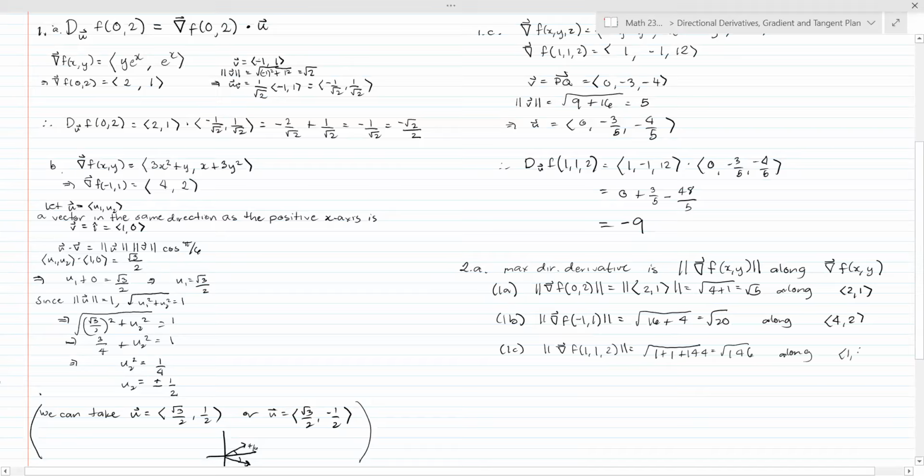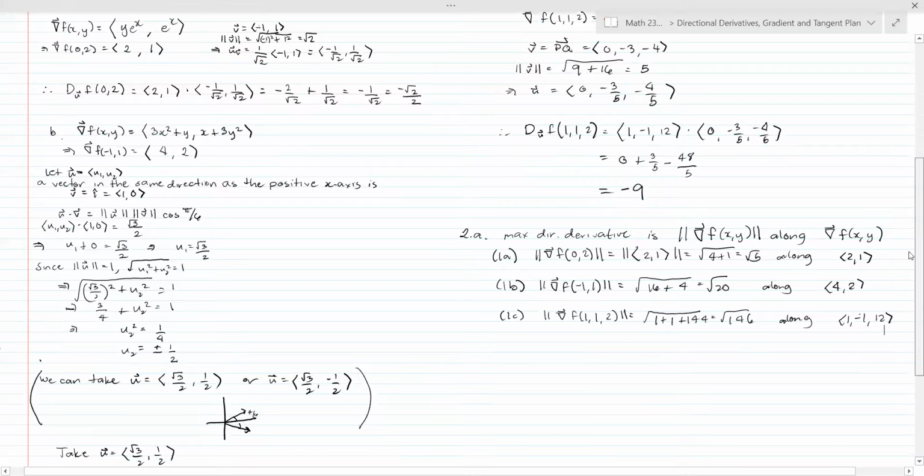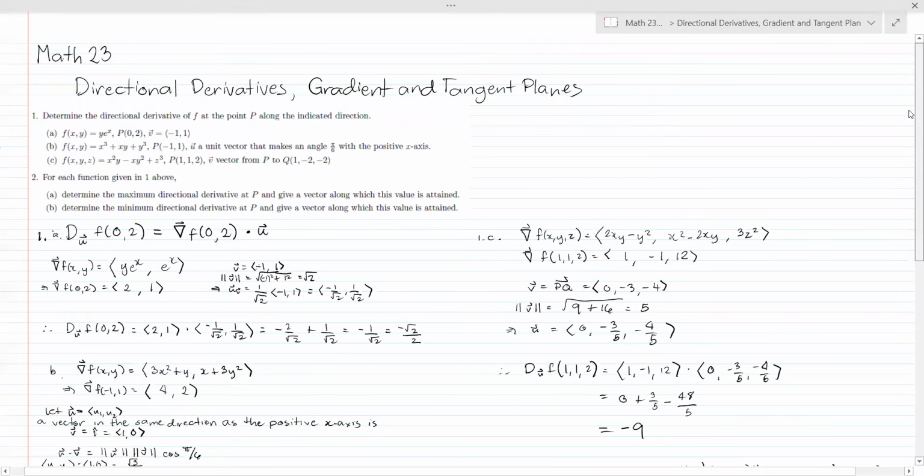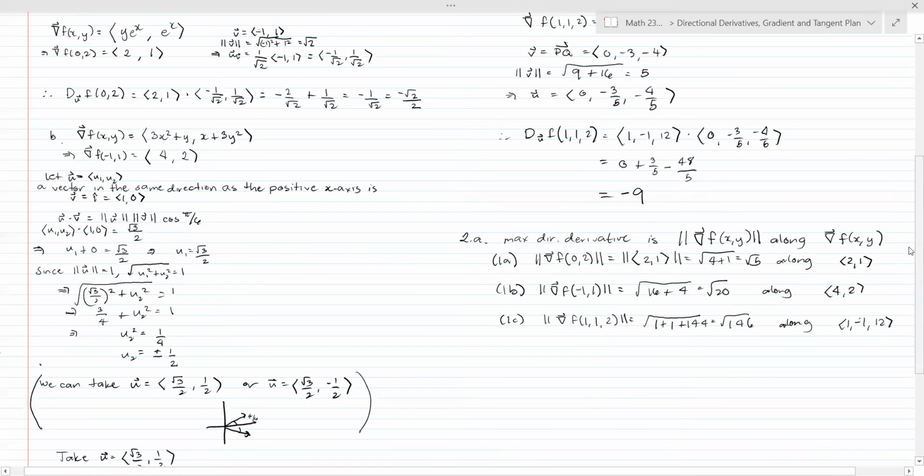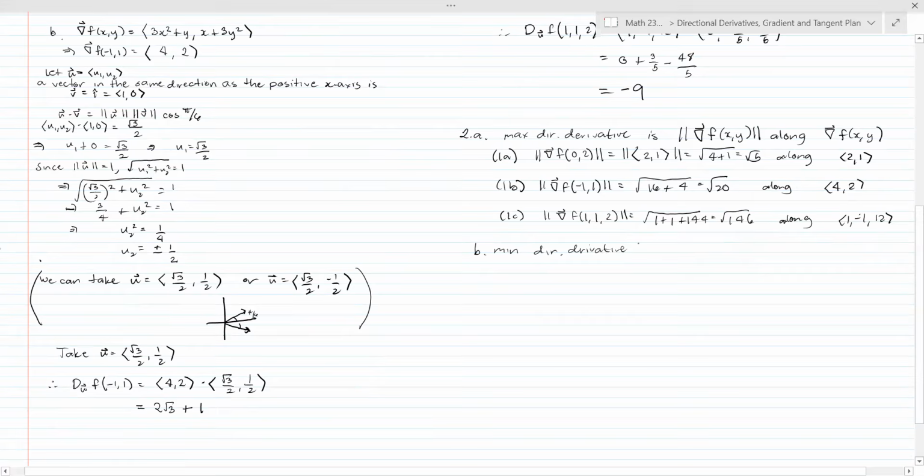Now yung sa B, kung kukunin natin yung minimum directional derivative, according naman sa result na nakuha, ang minimum directional derivative is given by negative ng norm ng gradient.